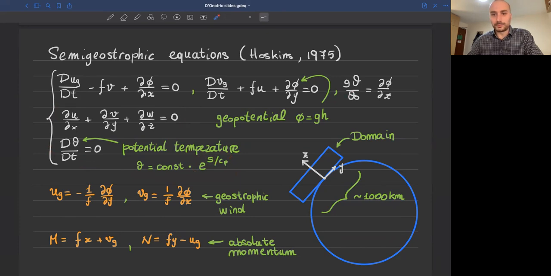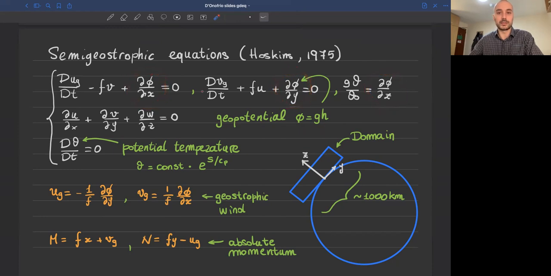Okay, but the most important variable appearing here is the so-called geopotential. Now, as you can see, the geopotential plays very much the same role as the pressure does for classical Euler equations.